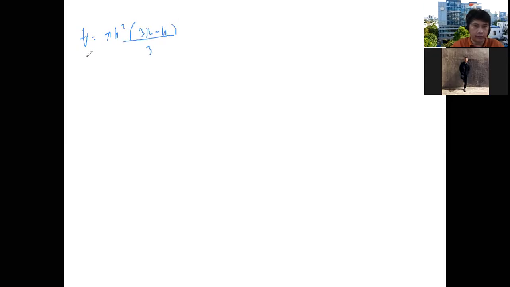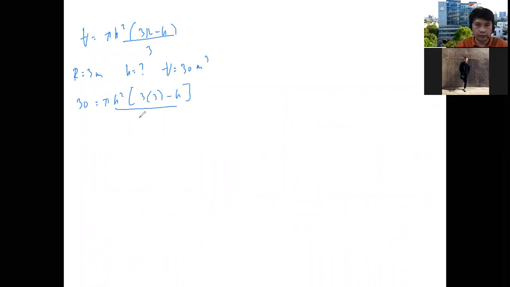We're given the R value, h is unknown, and the volume is 30 cubic meters. So from the given, simply substitute: 30 equals pi h squared, 3 times 3 minus h over 3. We need to express our function in terms of h. So 90 over pi equals 9h.